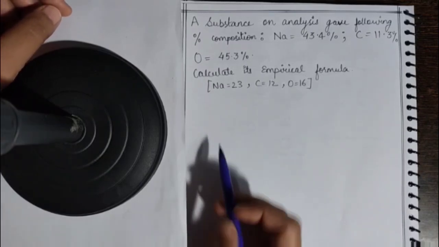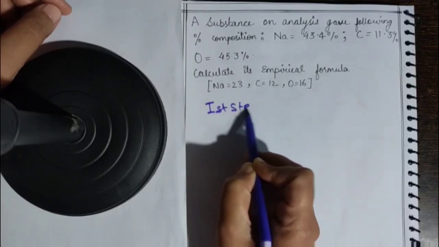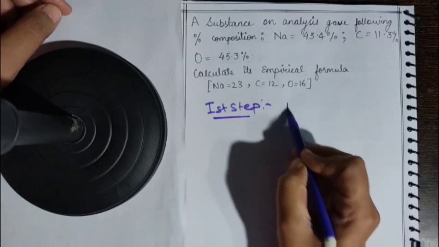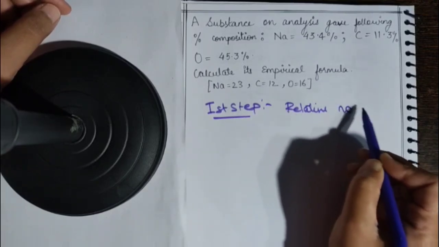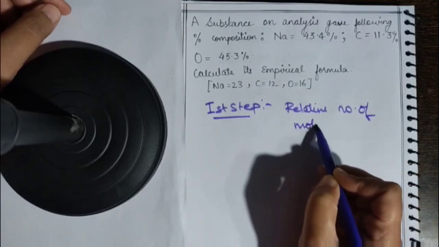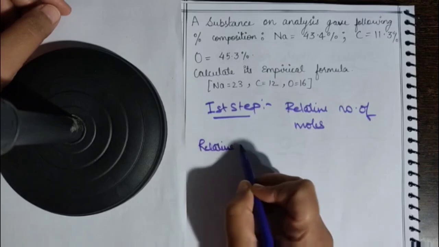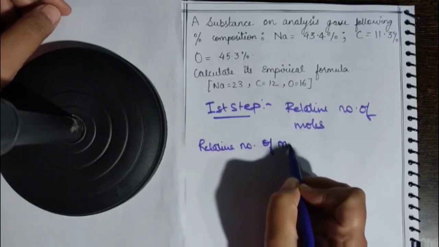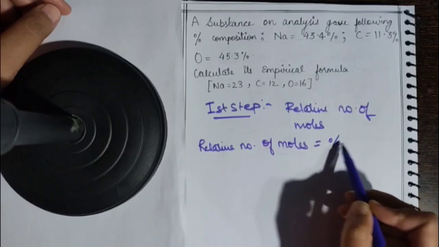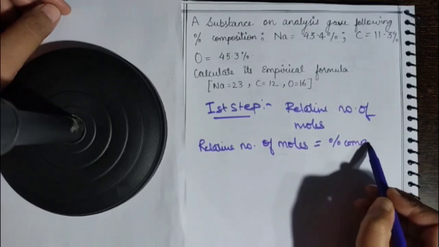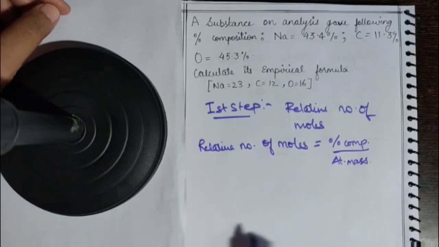So guys, the first step to calculate empirical formula is to find out relative number of moles. How to find out relative number of moles? Relative number of moles is equal to the percentage composition upon the atomic mass of the atom, right?